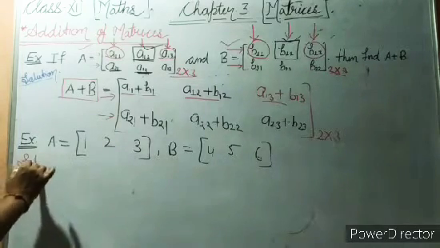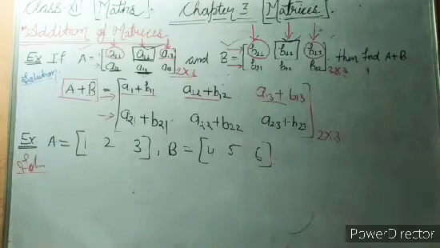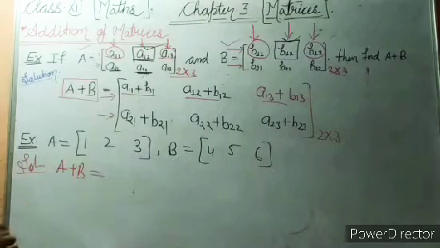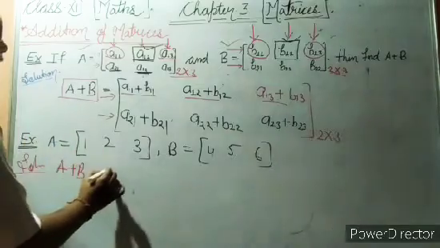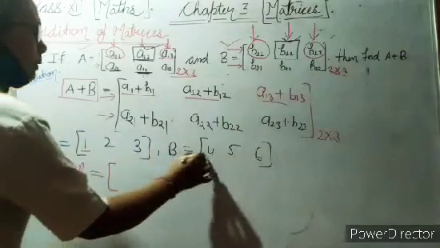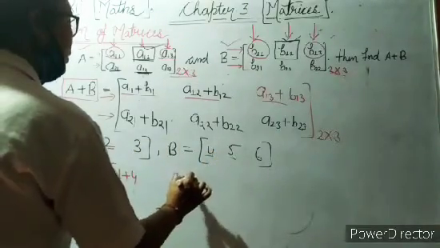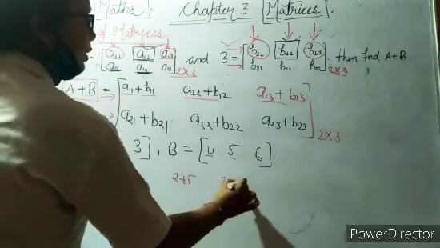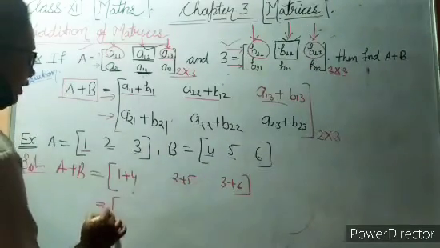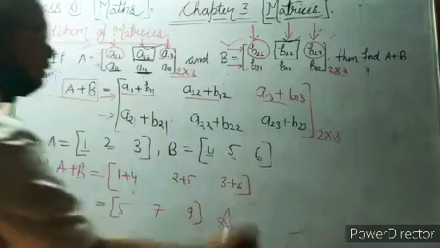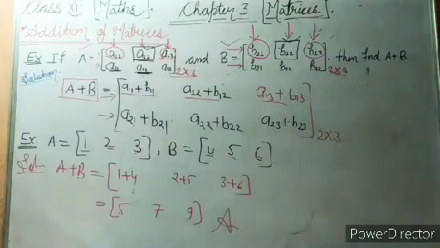Take time, but you solve. We will find A plus B. What is the meaning of A plus B? A plus B says 1 plus 4, here comes 2 plus 5 and third comes 3 plus 6. So it will come 5, 7, 9. It's your answer. So like that we solve addition of matrices.